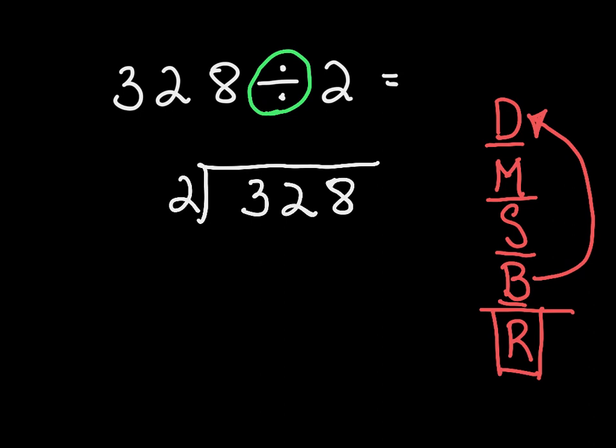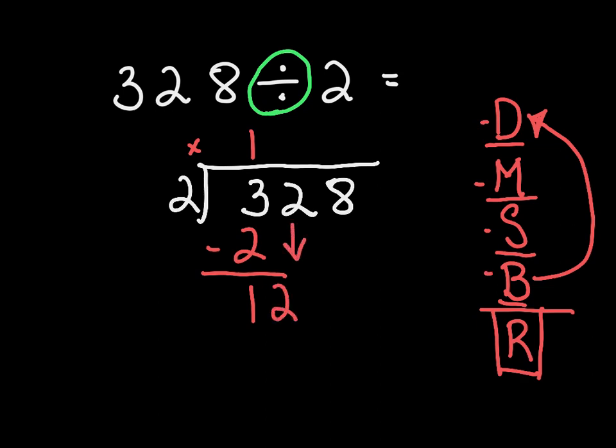So here we go. 2 can't go into 3 evenly, but it can get close, so it goes in once. 1 times 2 is 2. Okay, so there we use the division, we use the multiplication. Now we need to use the sister, and she tells us to subtract. 3 minus 2 is 1. Brother tells us to bring down.